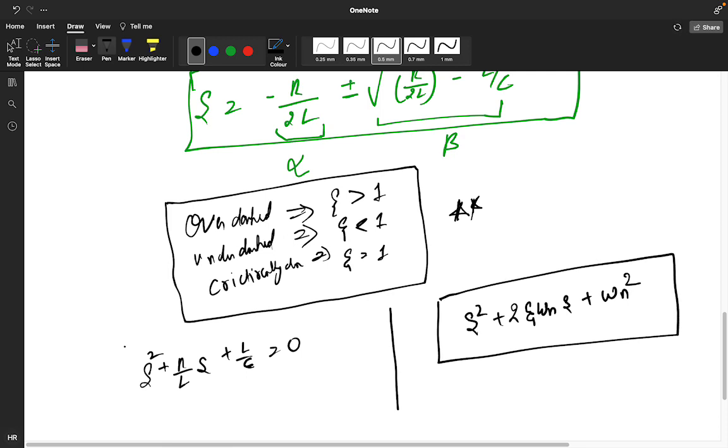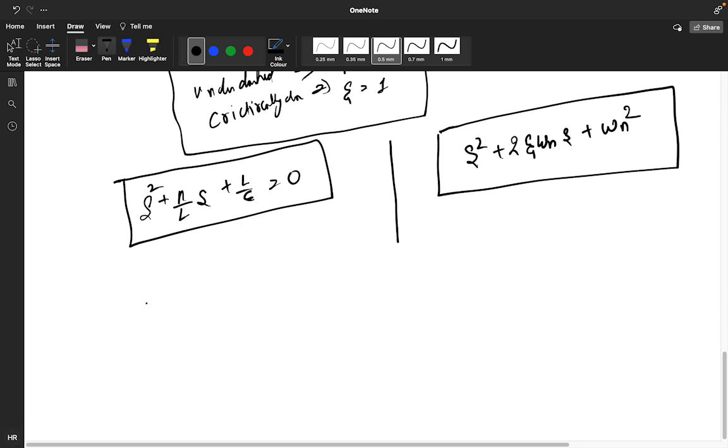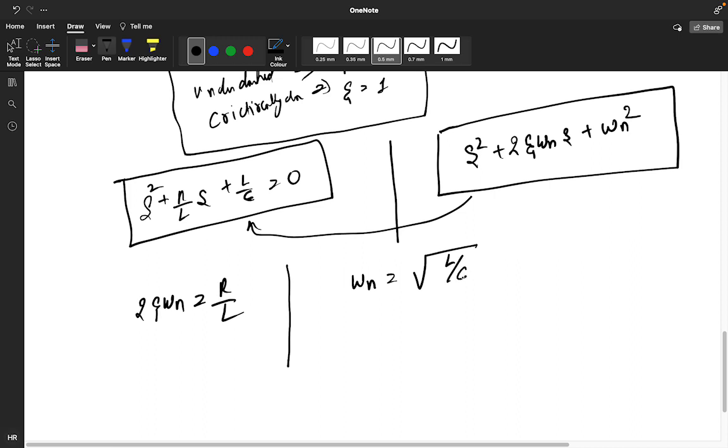In control system we will see this thing. So can anyone tell me what is my 2 zeta omega n? R by L, from here to here if you see. And what is my omega n? Root under L by C. So if you put the value, what zeta value will you get?